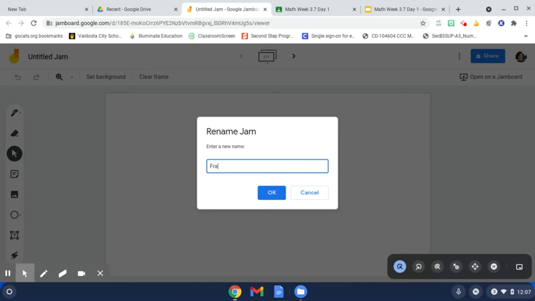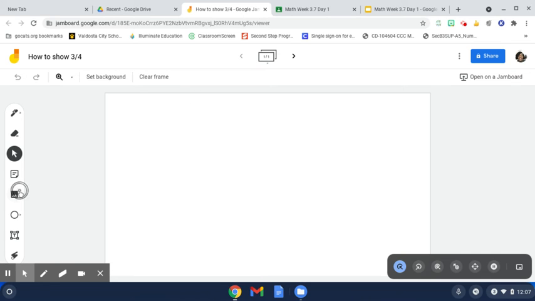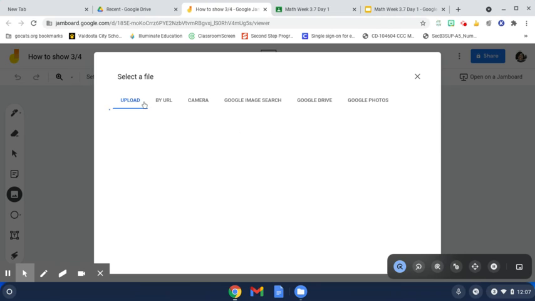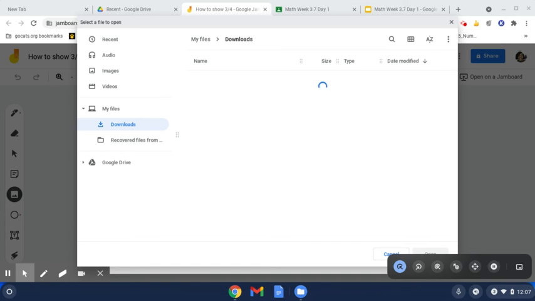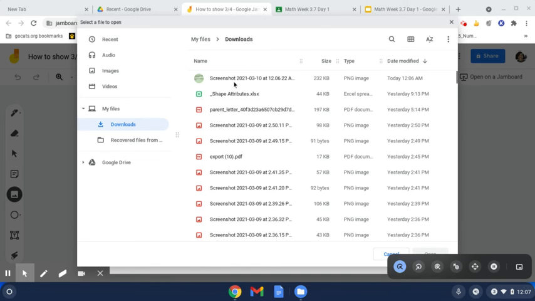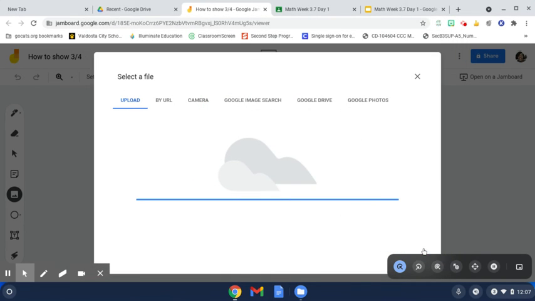Let's just say fraction question. How to show 3/4. So let me come over here and copy the image. I'm going to browse and paste. Screenshot here. All right, so it's loading up.